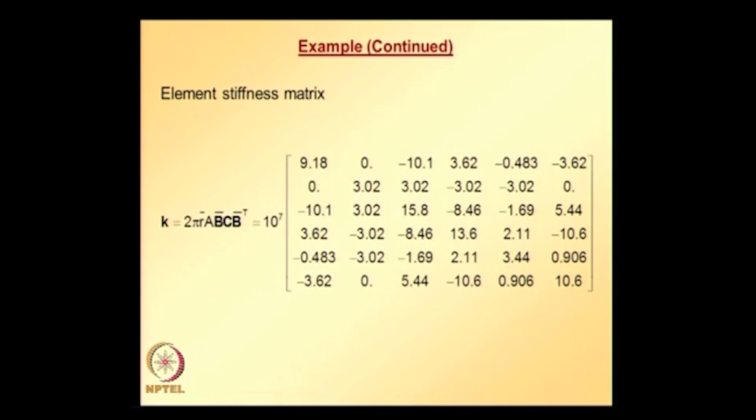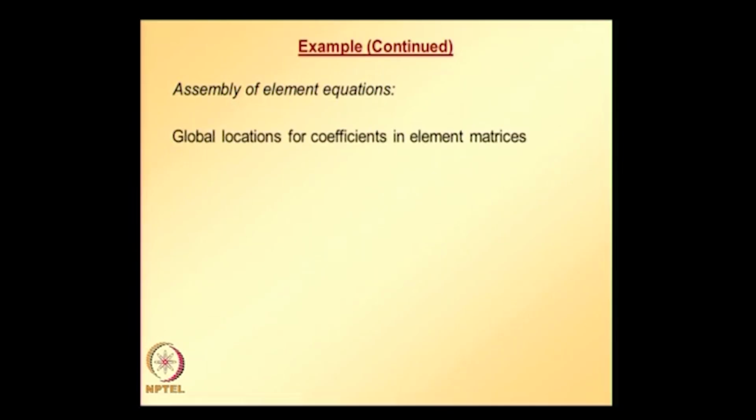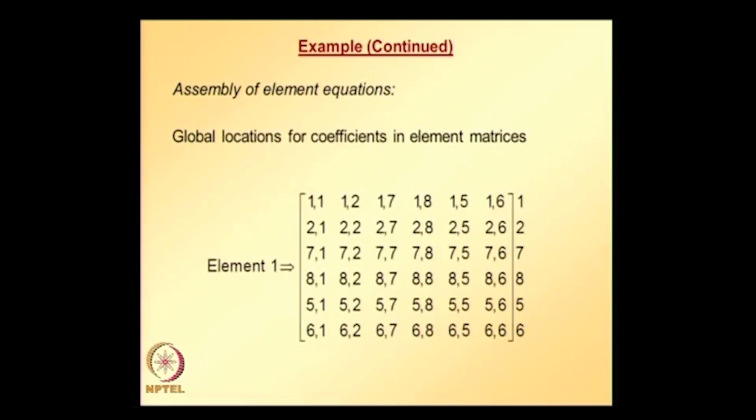Before we assemble the global equation system, we need to know where the contribution from element 1 goes in, and where the contribution from element 2 goes in, in the global equation system. That information is noted here for clarity.